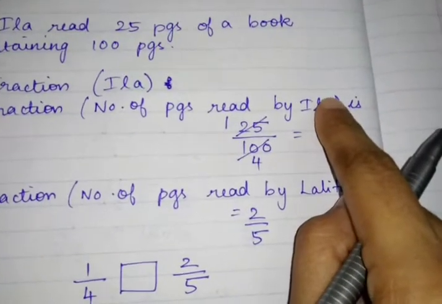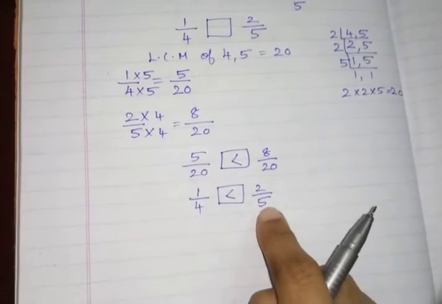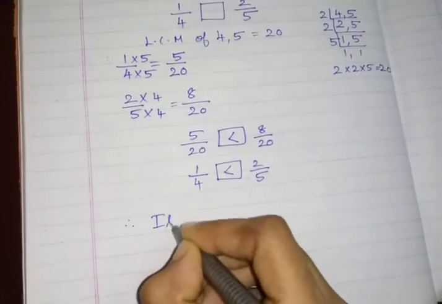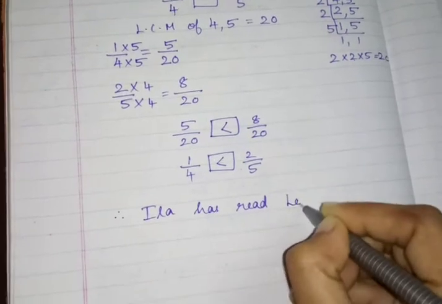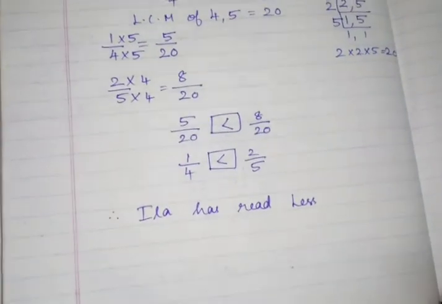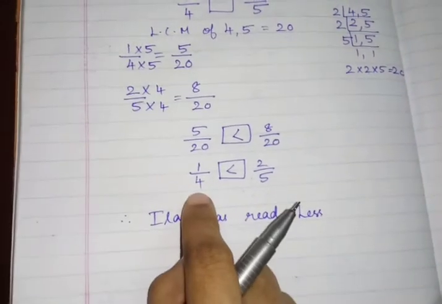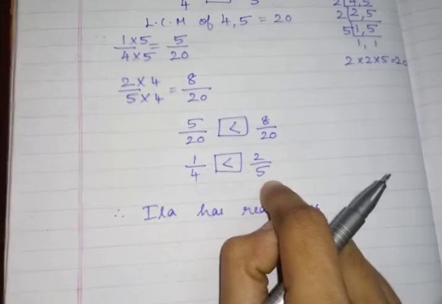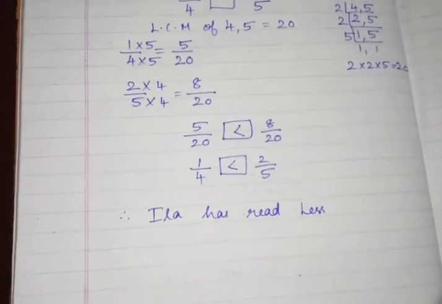Ila's fraction. So Ila has read less when compared to Lalita. Therefore, by this comparison, we conclude that Ila has read less when compared to Lalita. So Ila has read a very small number of pages.